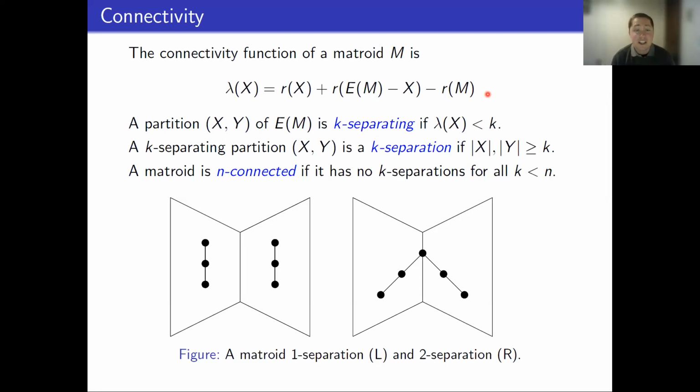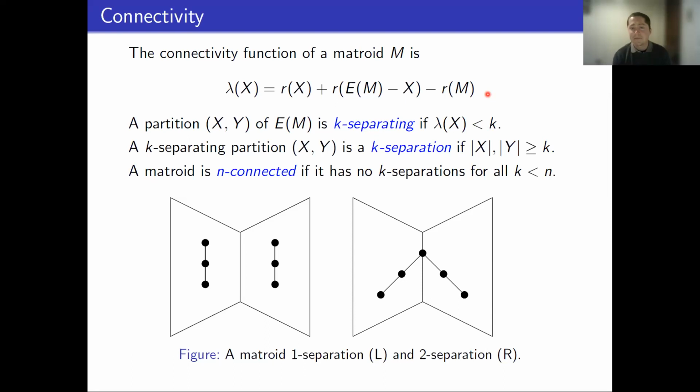We call a partition of the ground set of a matroid k-separating if this connectivity is strictly less than k. For us, we're often going to care about k equals 3 and k equals 2. I'm going to go into more detail on that in a moment.